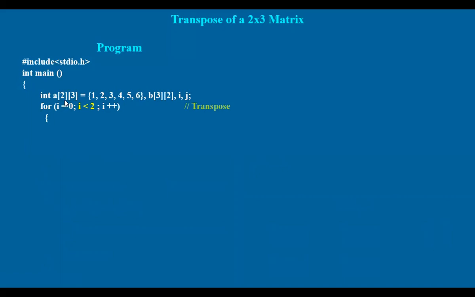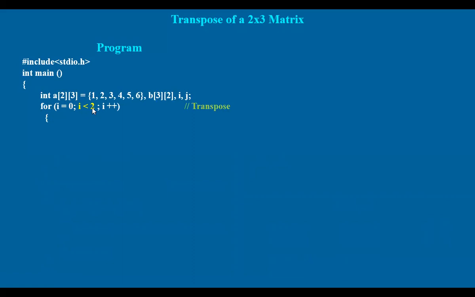Considering the A matrix here, because I'm going to assign the values of A to B, I have taken the outer for loop having 2 rows. Manipulating 2 rows, I is equal to 0 and I is equal to 1, that is, I is taken less than 2.